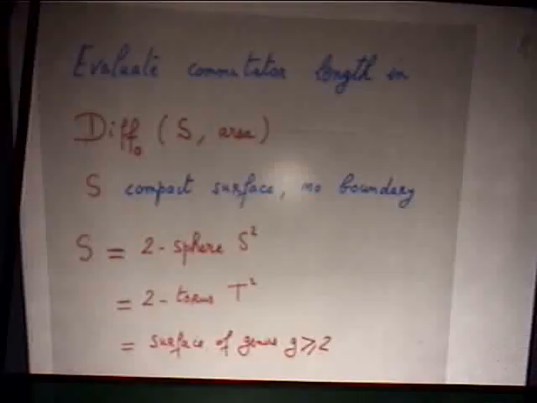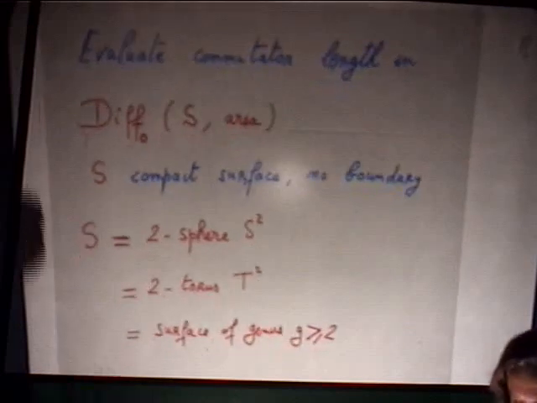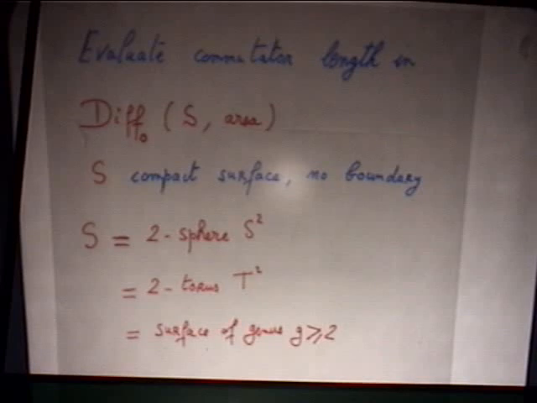So I will try to tell some things about evaluation of commutator length in the group of diffeomorphisms of a compact surface, S, respecting area, which I would think of as being something intermediate between circle and surfaces. So I want to describe in this talk some constructions and some understanding of commutator length.